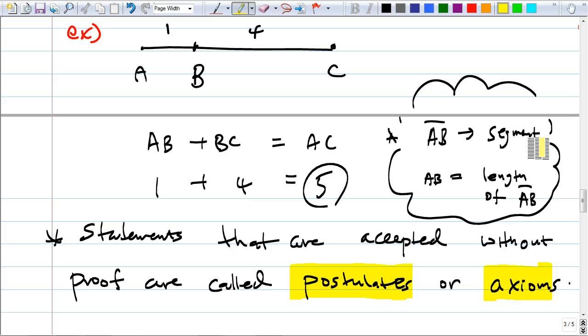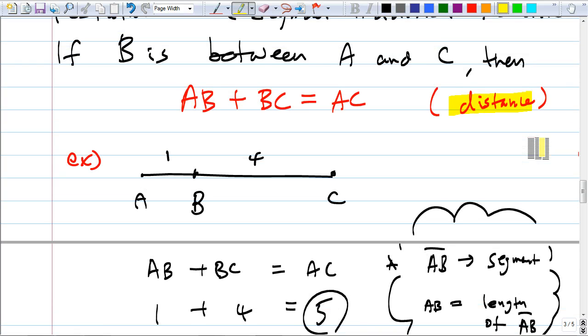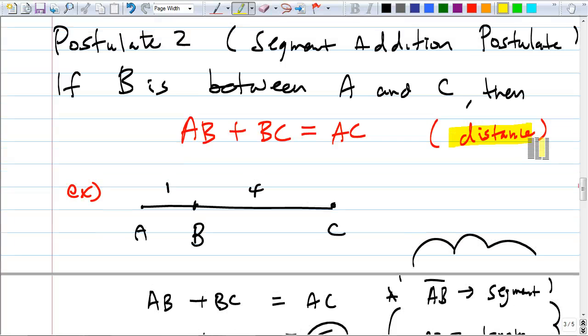So this is our first postulate that you really have to know. Oh, this is actually the second one. The first postulate is the ruler postulate, which establishes a ruler or a number line, and establishing coordinates. If we have that, this second postulate is the most important thing you need to know.